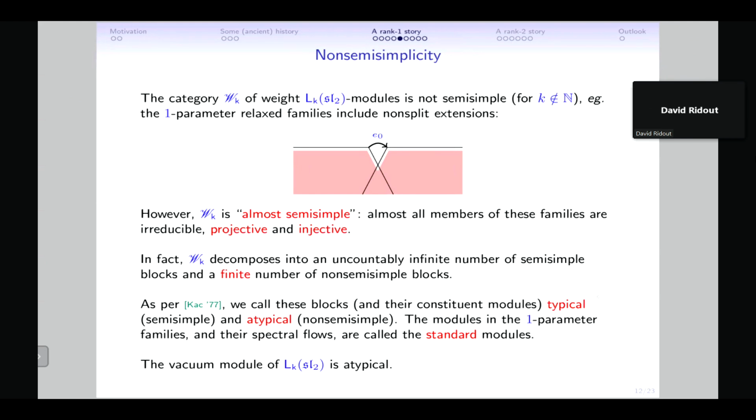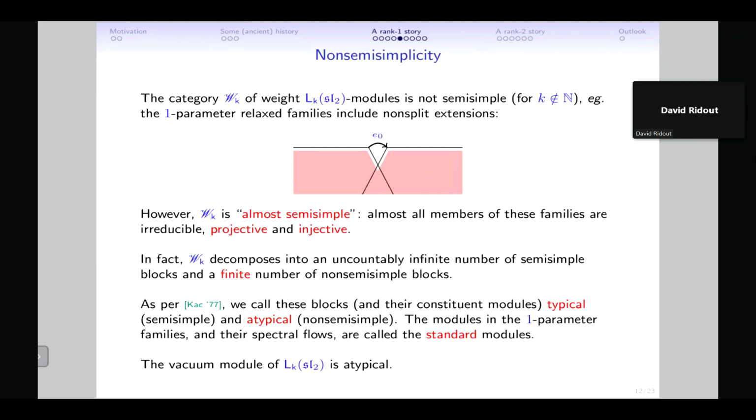So sometimes we call these blocks the semi-simple blocks and their modules typical, and the non-semi-simple blocks and the corresponding modules are called atypical, because this is how Kac described the case for Lie superalgebras back in the good old days. I'm also just going to use the term standard modules. So basically all elements of these one-parameter families are going to be called standard modules.